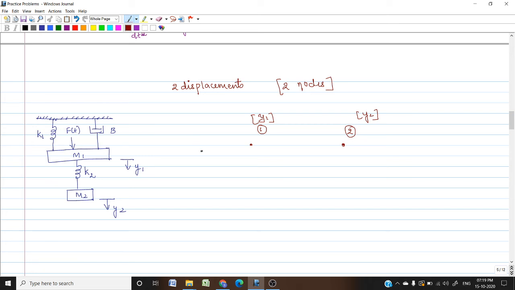So we'll start with the input force. The input force is f of t. In force current analogy, it is equal to current I. I'll take this as current I of t.